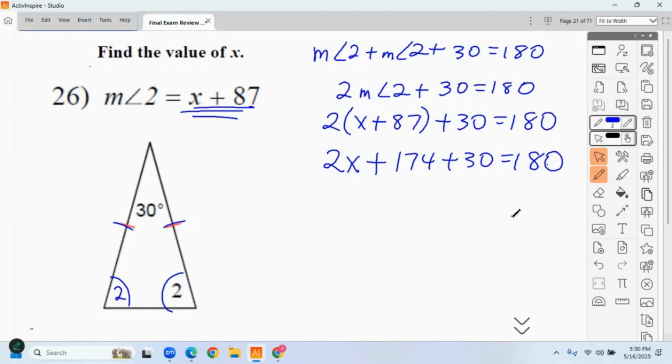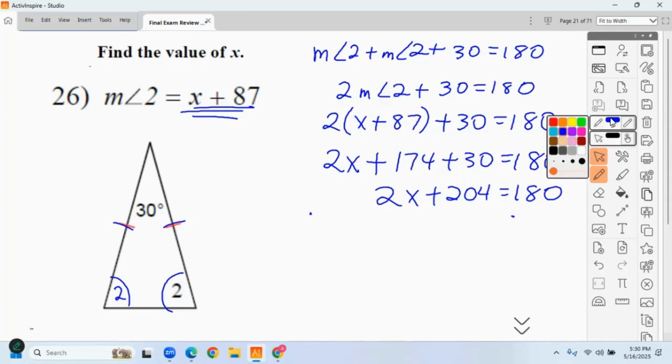Let's see what else we want to put here. Add those like terms. We get 2x plus 204 is equal to 180. Let's go ahead and subtract a little bit.